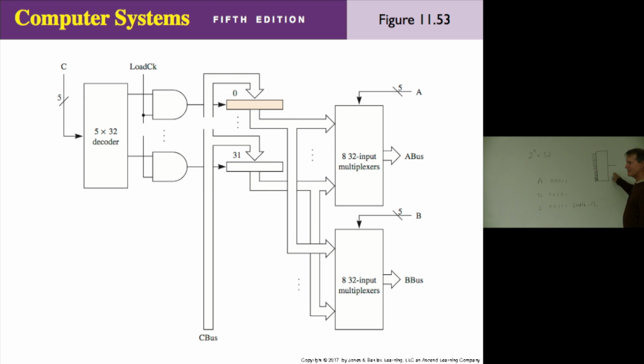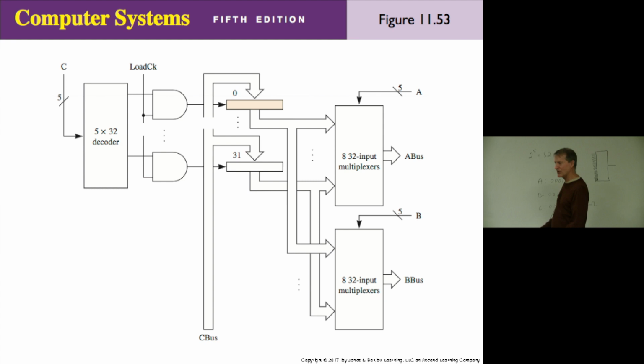Are you with me here? And so this is the D. So one of these for the D0, another one for the D1, another one for the D2. Okay. So anyway, and similarly for here. So do you realize what that means? It's actually possible to have the same number be on A and B, and it will be duplicated on both the A bus and the B bus.